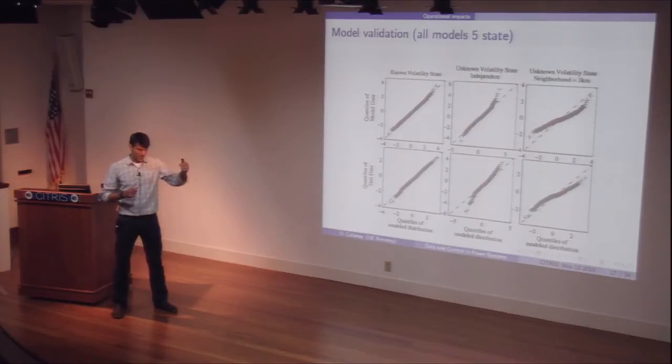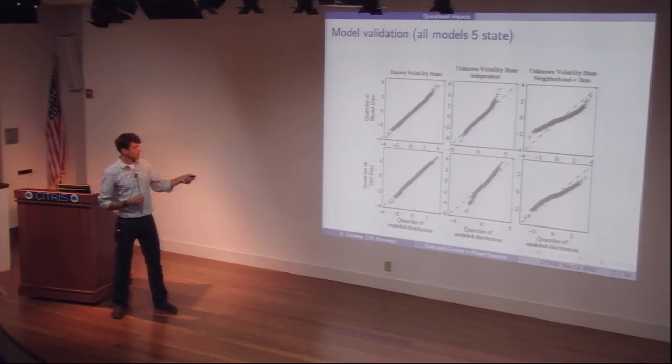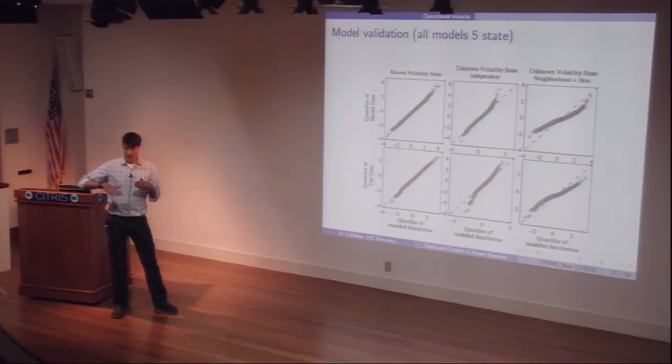For one particular set of assumptions about the volatility states, we're getting 5 standard deviations away for the actual data, but only 4 or so standard deviations away for the simulated data. That suggests that we're getting a lower bound.